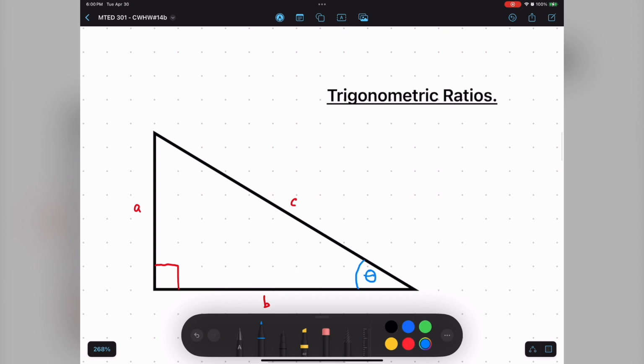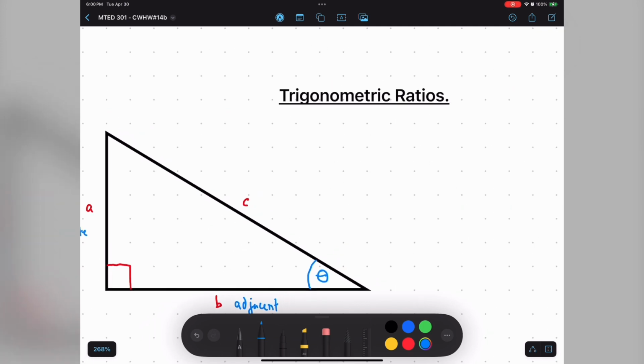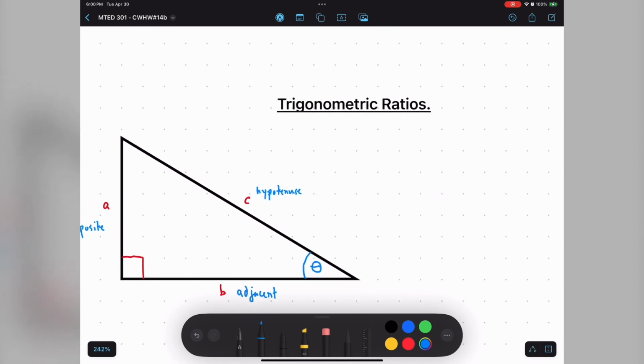Side A, that side is opposite of our angle, so I'm just going to label it as such. B is going to be adjacent to our angle, and C, being the side that's opposite the right angle in the triangle, is going to be the hypotenuse.